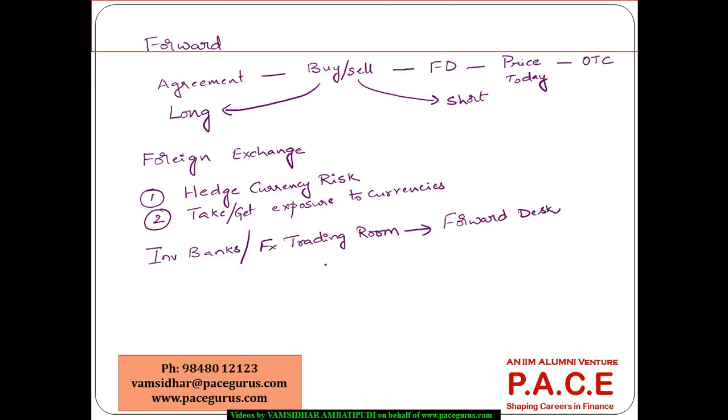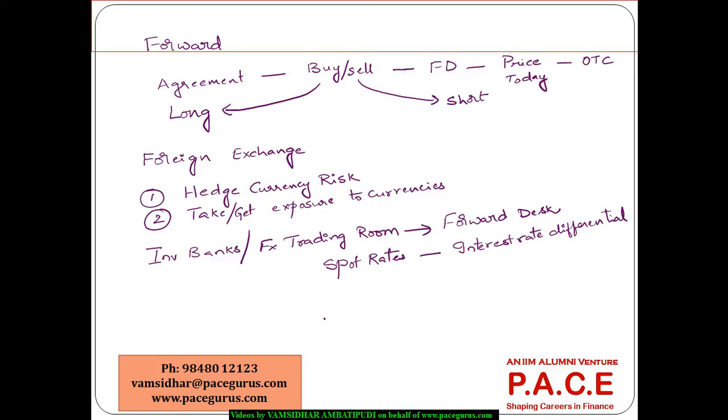And most of the time we see that the forward rates will be more or less closer to the spot rates, with a small adjustment to the spot exchange rate, because there is an adjustment for the interest rate differential between the two countries. The interest rate differential between the two countries is what is reflected as a part of the forward rates.